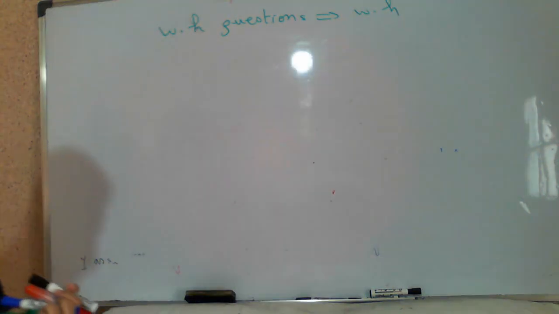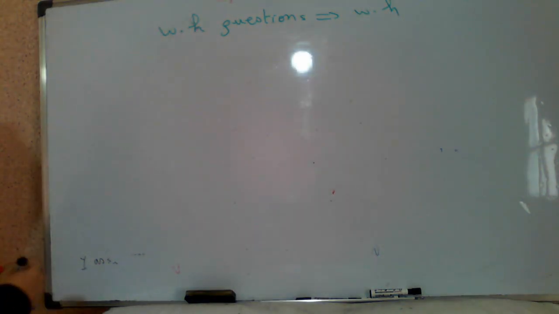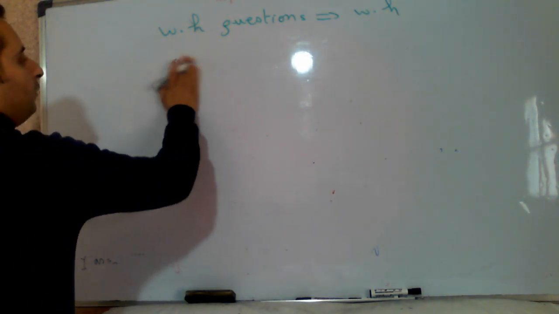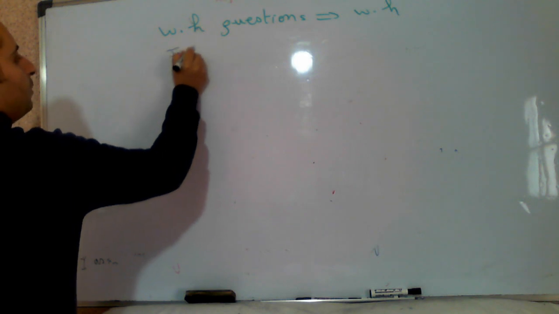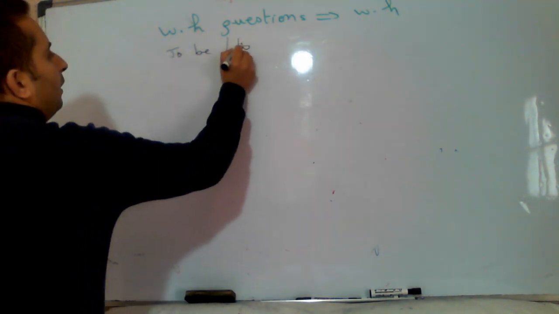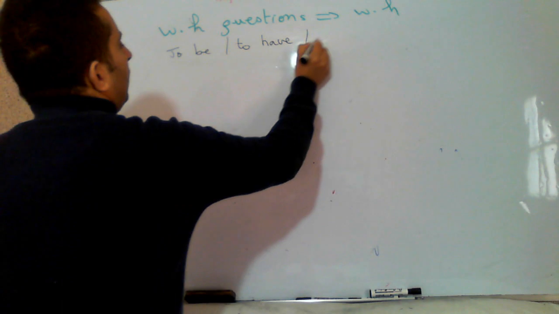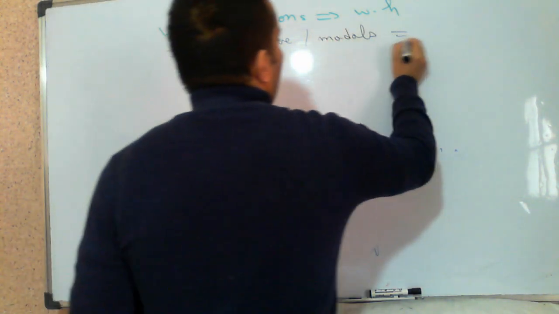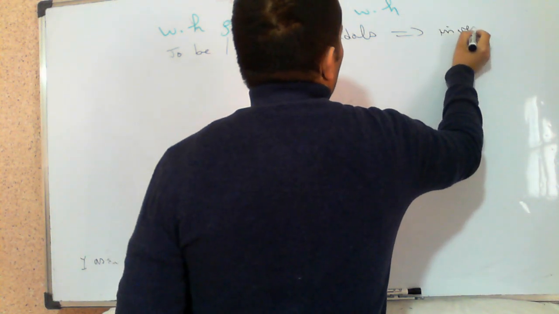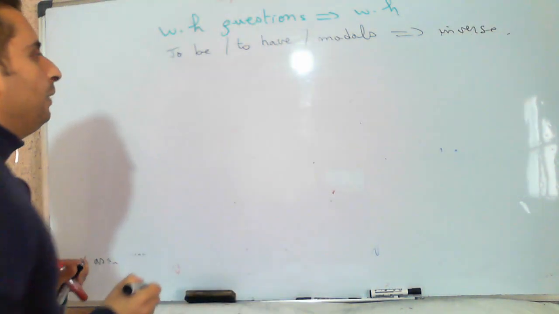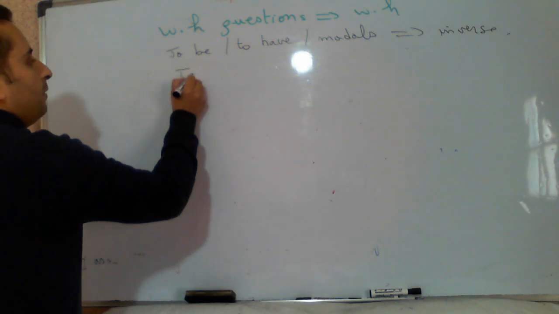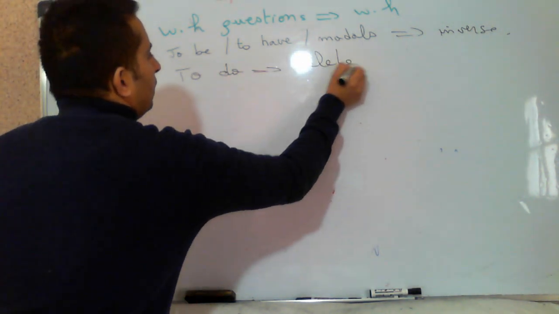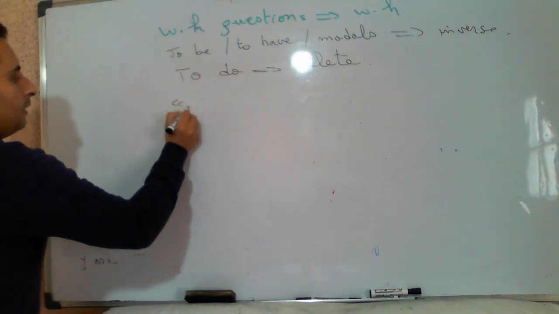Okay, we are going to see an example. Also we need a verb to be. When we have verb to be and to have and the modal, we do what? We invert. Same thing as with yes or no questions. And verb to do, we do what? We delete. Okay, let's have an example.